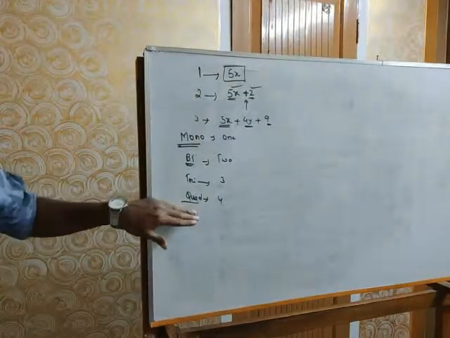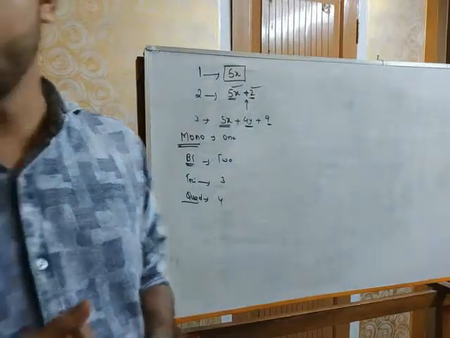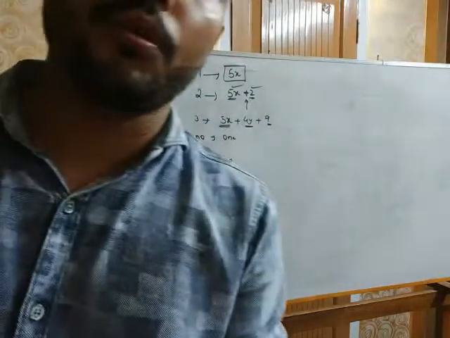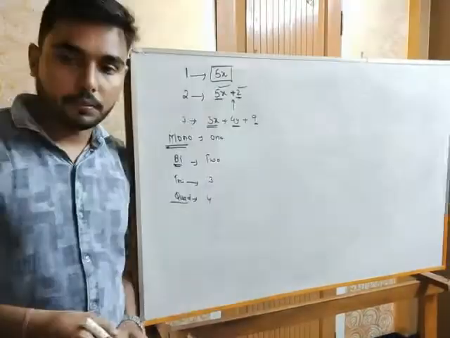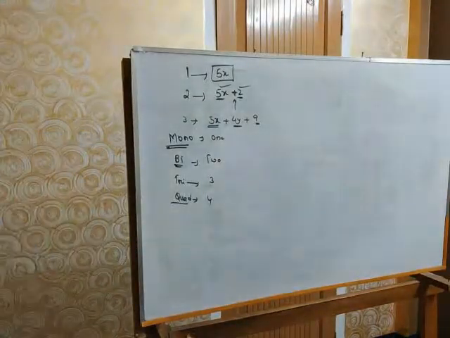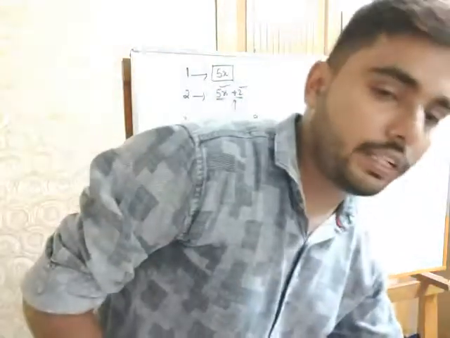If it has four terms, it will be called a quadrinomial. Clear everyone? What is monomial, what is binomial, what is trinomial, what is quadrinomial? Any doubt?